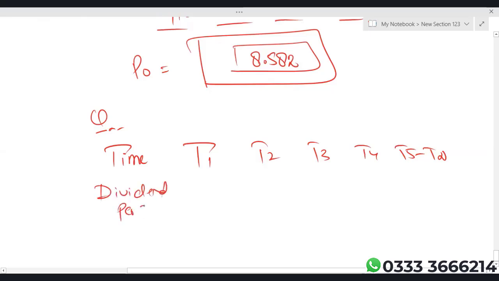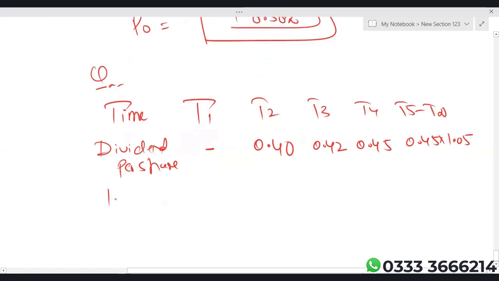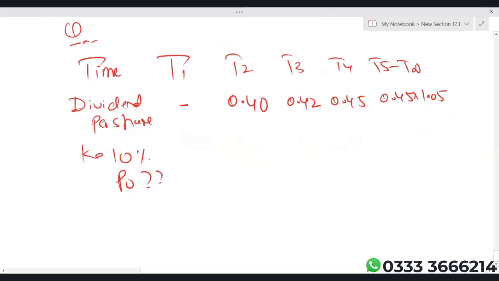Dividend per share: 4, 4.24, 4.5, 4.5 into, let's say, 1.05. KE is 10%. Please, now I want you to calculate P naught quickly. P naught, please, everyone, quickly.